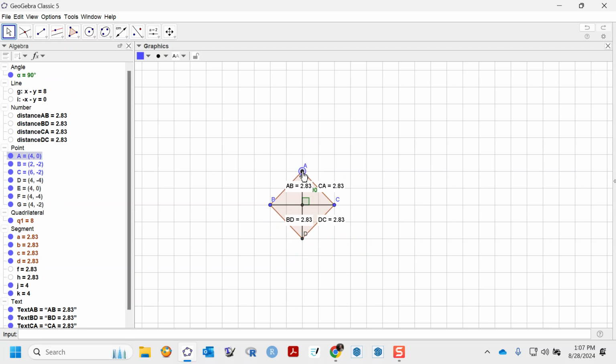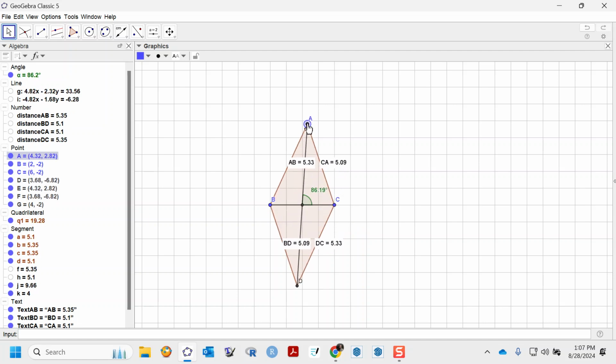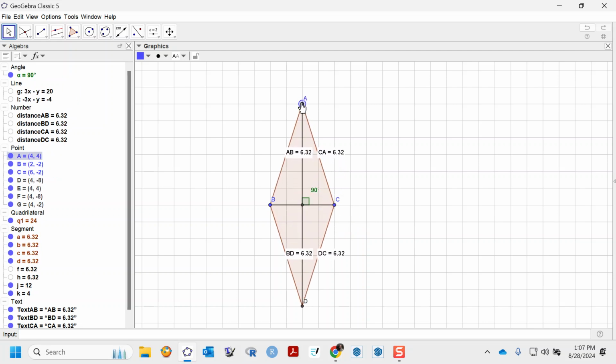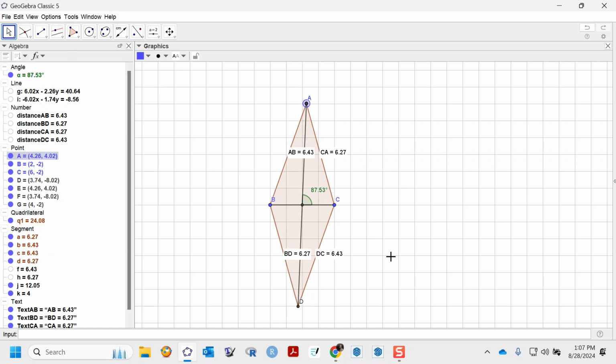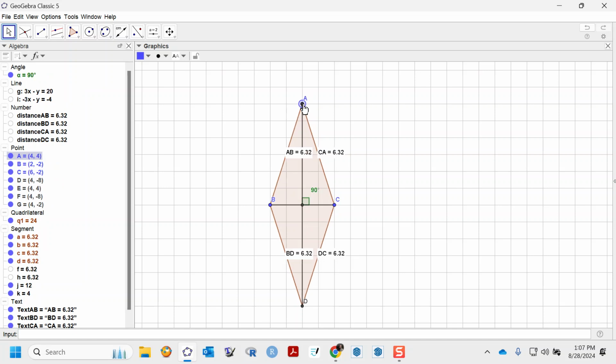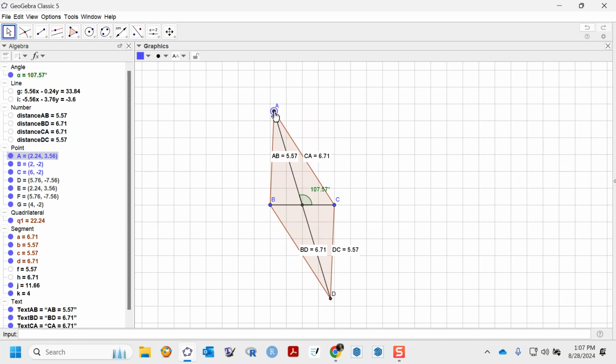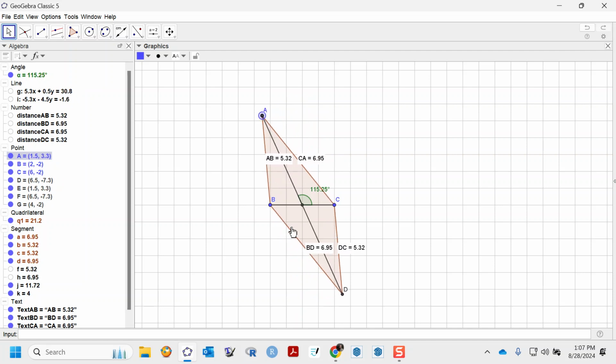If I maintain that 90 degrees and just push this up and down, I can see that every time this is 90 degrees, these four sides are equal in length. If I diverge just a little bit from 90 degrees, then the four sides cease to be equal in measure. But it's still a parallelogram, we know, because this side is parallel to that side by construction.